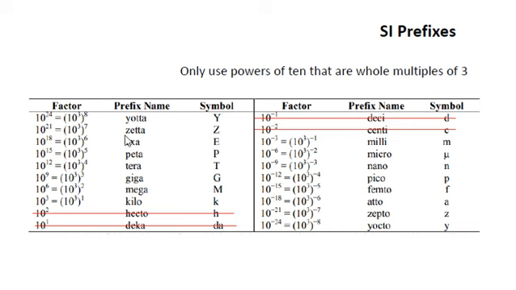Power 7 zetta, power 6 exa, power 5 is peta, power 4 is tera, power 3 is giga, power 2 is mega, and power 1 is kilo, okay. So if you think kilo, that's base 10 to the power 3. Mega is base 10 to the power 3 with exponent 2, and here are your symbols, okay.